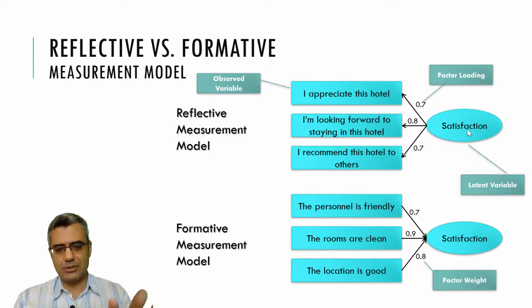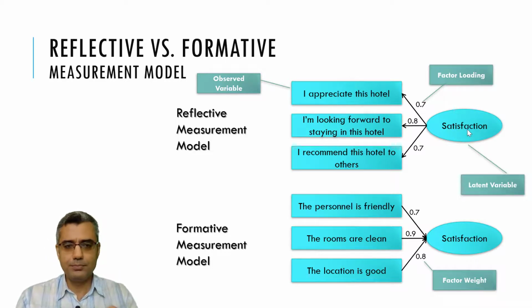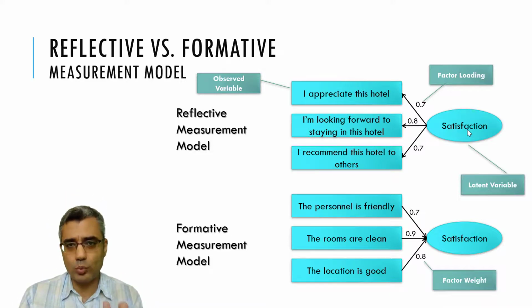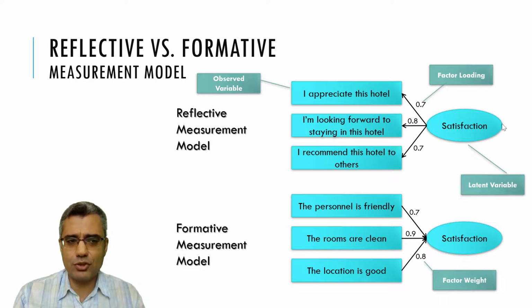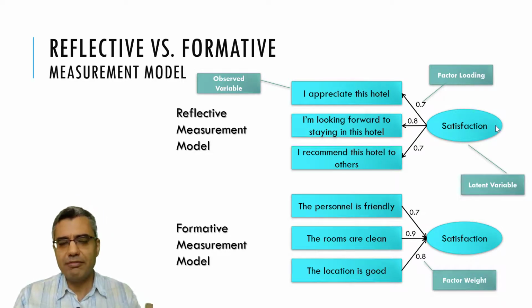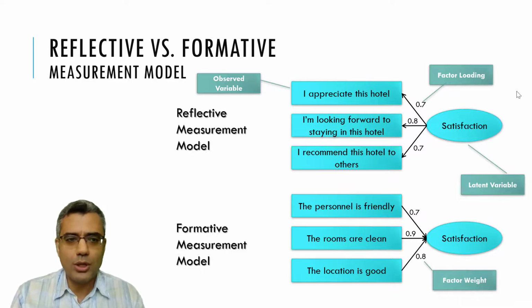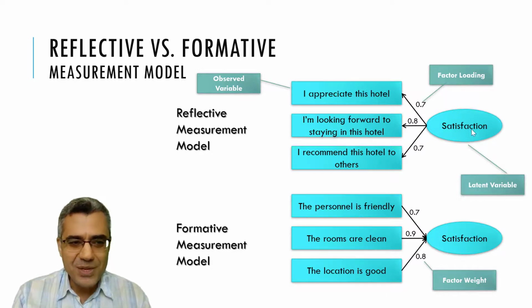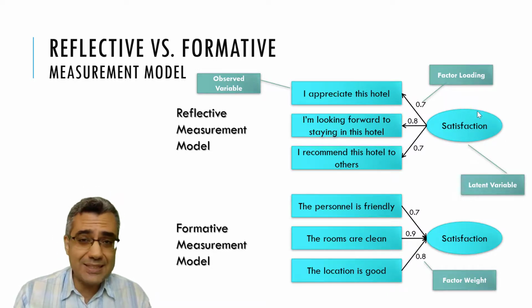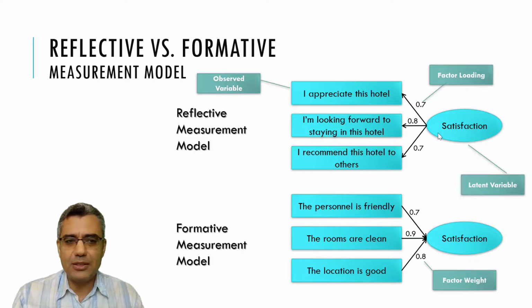So why am I discussing this? Because there is a standard way of showing the variables. For latent constructs or latent variables, we use a round shape, a circle or oval shape, right? If you want to draw a model, it's not random. So when you have a latent construct, use a circle or oval.